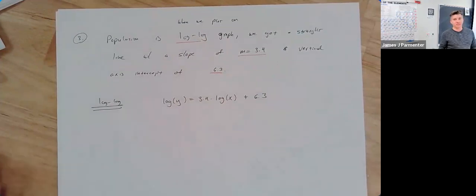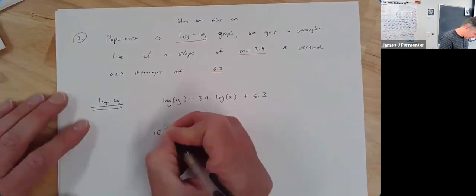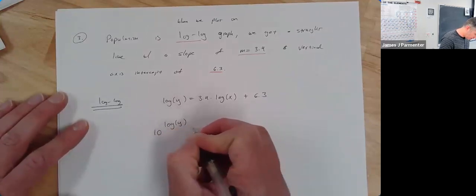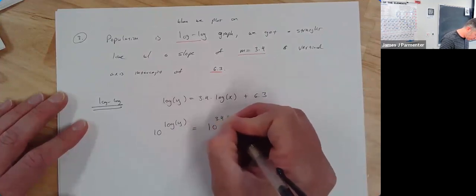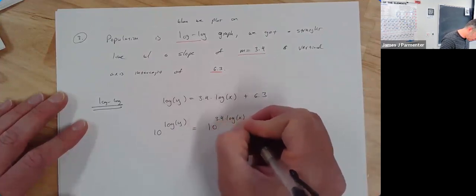The process is very similar to the previous problem. We're just going to get a slightly different result. You're still doing the same work though. You're going to write both sides as powers of 10. So you're going to say 10 to the log of y equals 10 to the 3.4 times log of x plus 6.3.